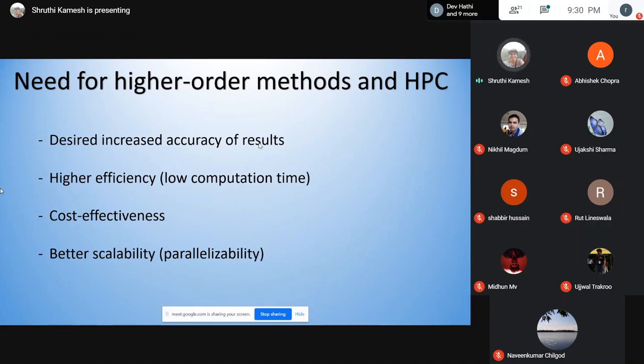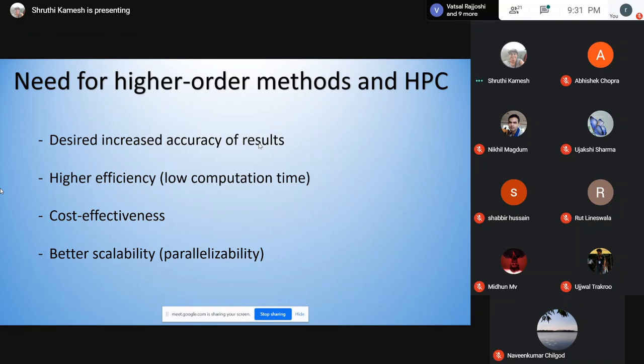You want to know where clogging is taking place, or why it is happening, or whether rusting or flow degradation is a factor. There are a variety of factors that can cause certain engineering problems. So you would want higher resolution in certain parts of the flow, and that is what I mean by the desired increase in accuracy of the results.